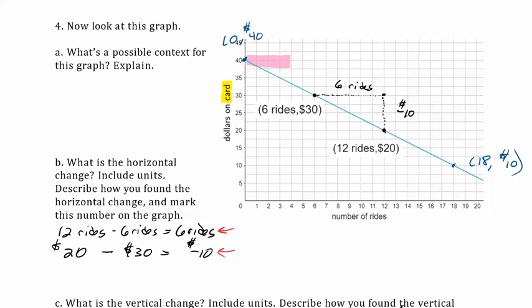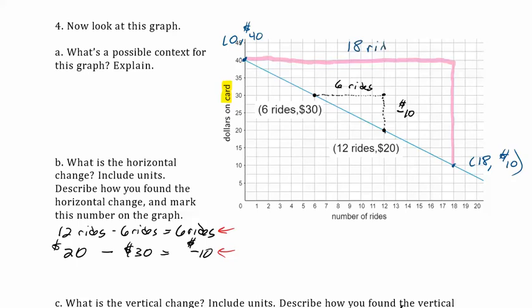I'm going to look at my horizontal, oh, that's too fat. Let's do it a little skinnier there. My change in rides, and I'm going to look at my change in money. Oopsie. Sorry. One more. There we go. Okay, so we went from 0 rides over to 18 rides.